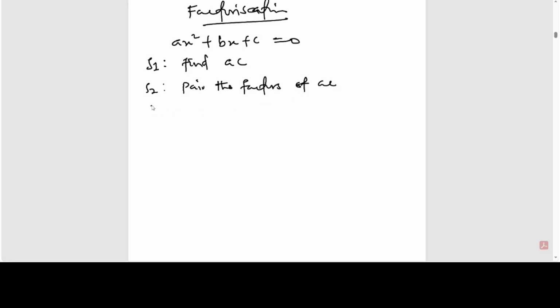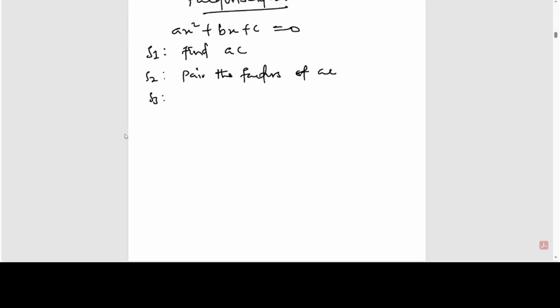right? And then step number 3, I'm not going to list all the steps, but these are things that you shouldn't forget. First of all, identify your a, b, and c, and after that you find ac, that's a times c. And then the next is to pair the factors of ac, and the next one is you pick the factor pair that sums up to b, right?